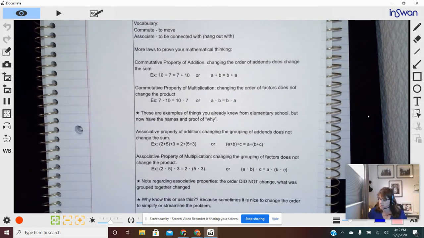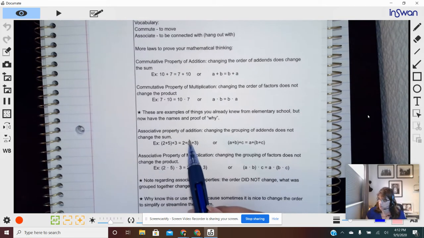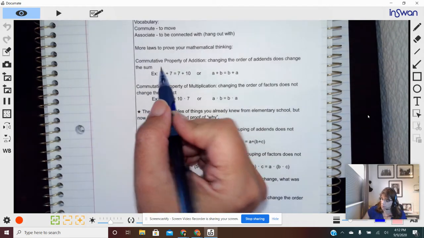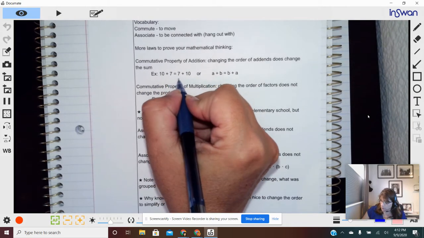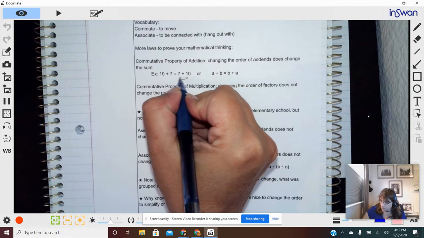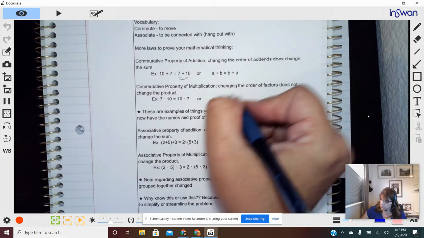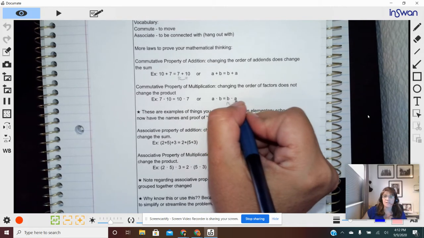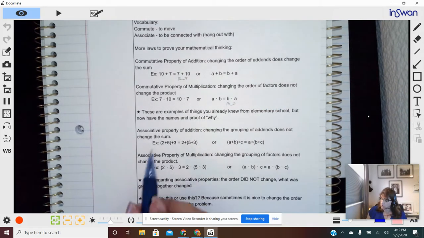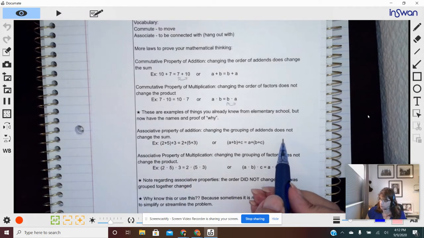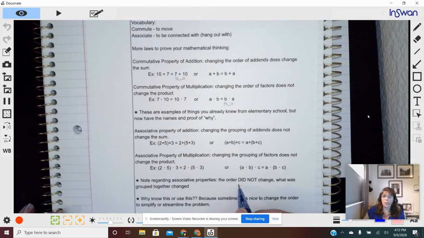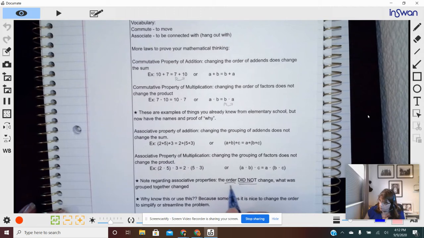So here's an example of a couple of associative property ones. These are commuting. Things are moving. So notice this order is flip-flopped. This order is flip-flopped. They changed position. In associative, we change the grouping, but we do not change the order.